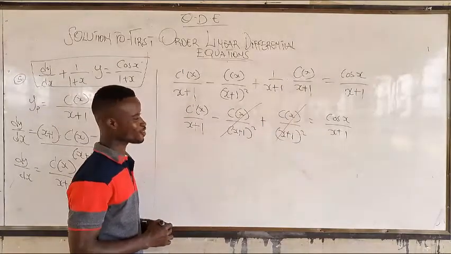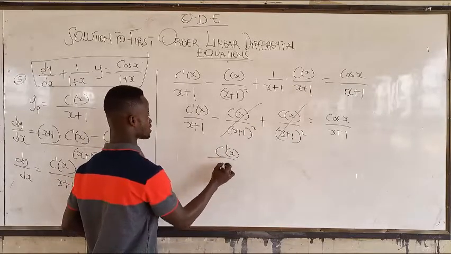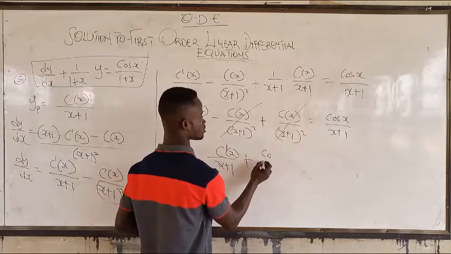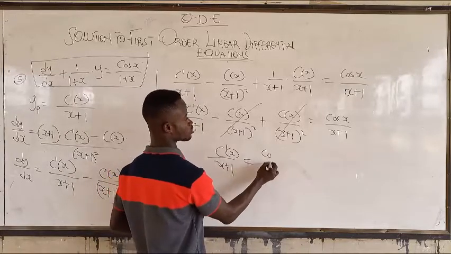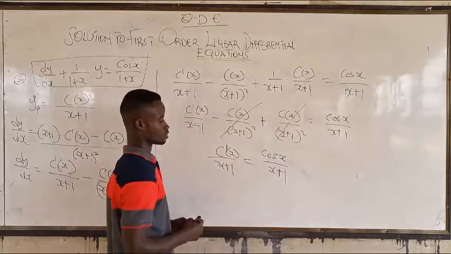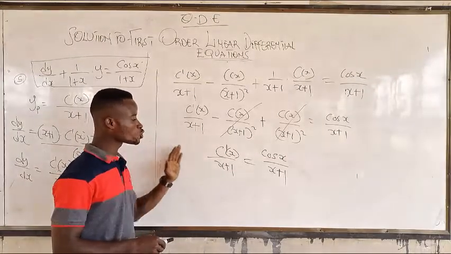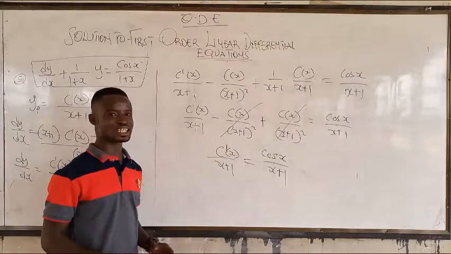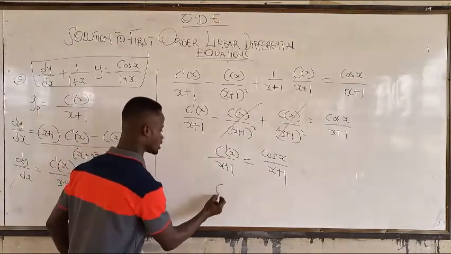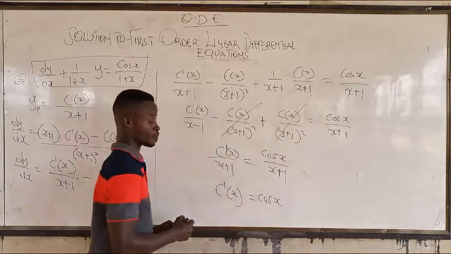Very good. C prime of s times s plus 1 is equal to cos s over s plus 1. And now with this, we can multiply through by s plus 1. When you multiply through by s plus 1, you get C prime of s equal to cos x.